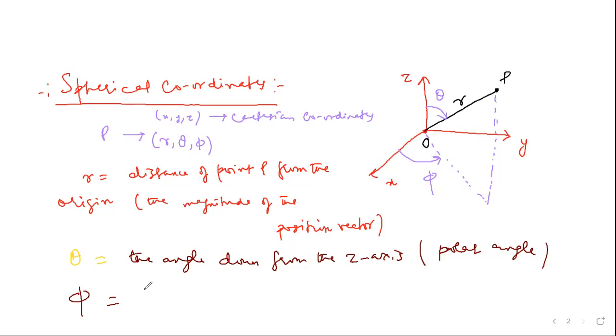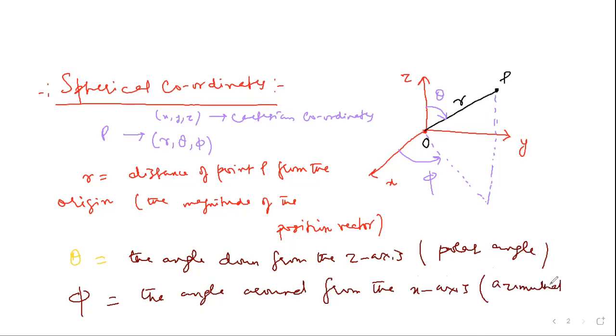So phi is the angle around from the x-axis. It also has a name. It is called azimuthal angle, right?